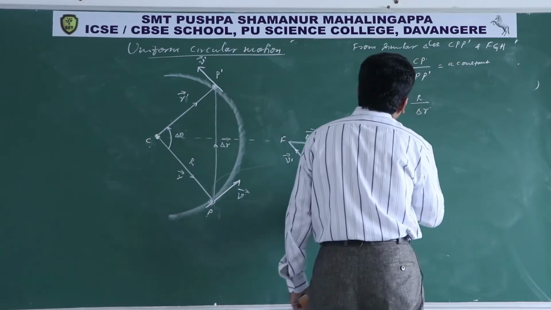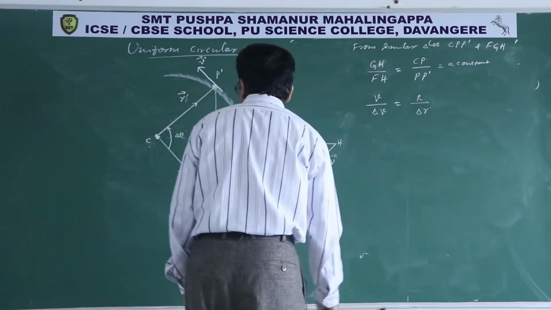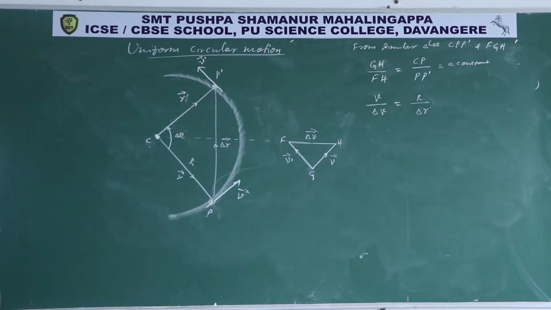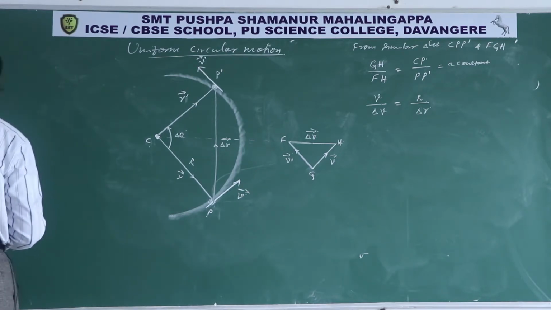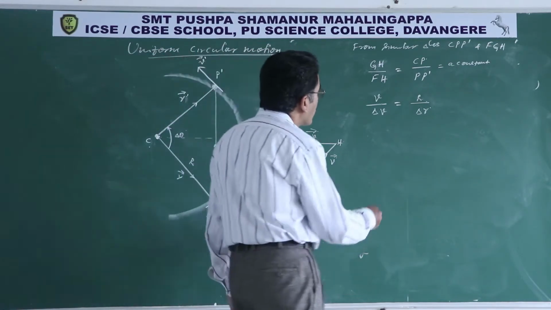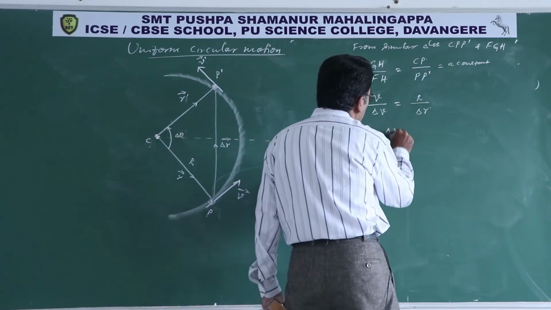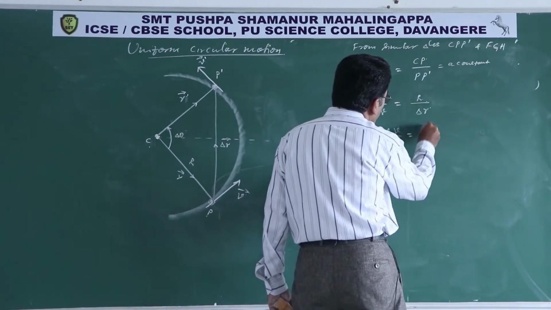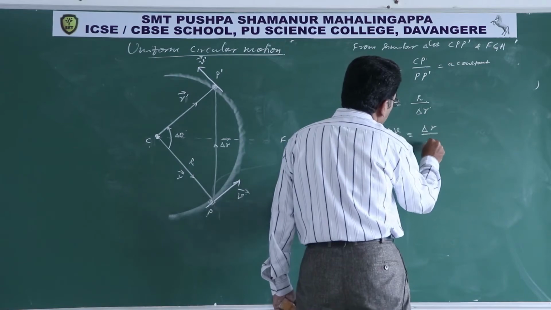Let me call this equation 1, or even you can rearrange this later so that you can easily find out what is its value. Or delta v by v is equal to delta r by r.